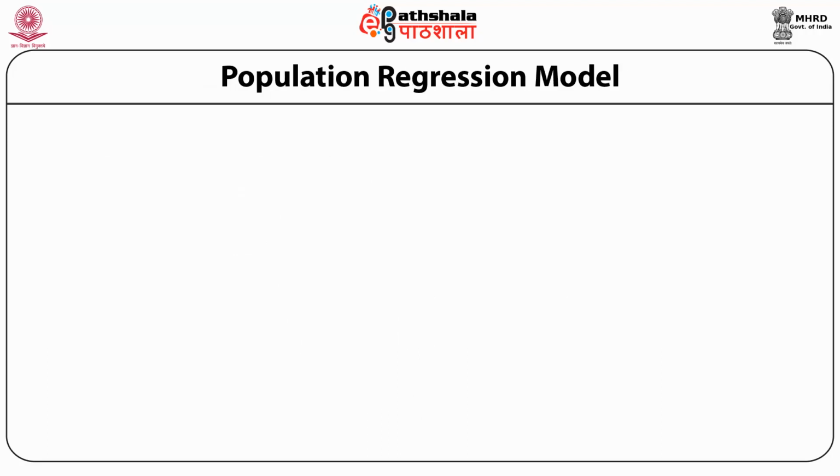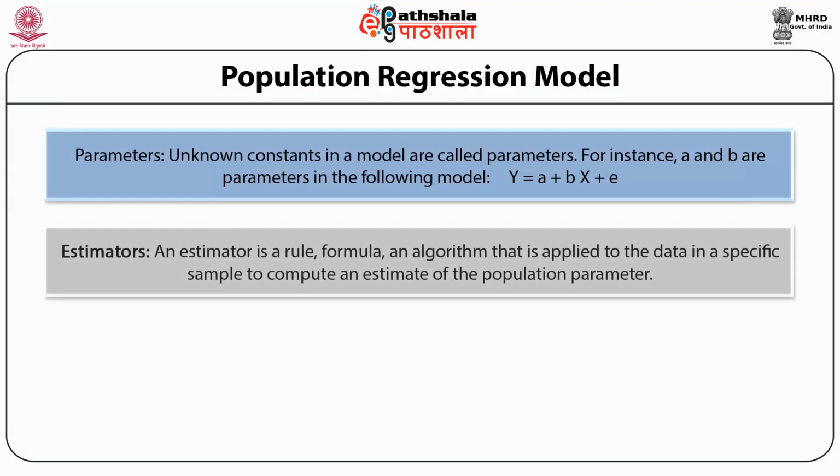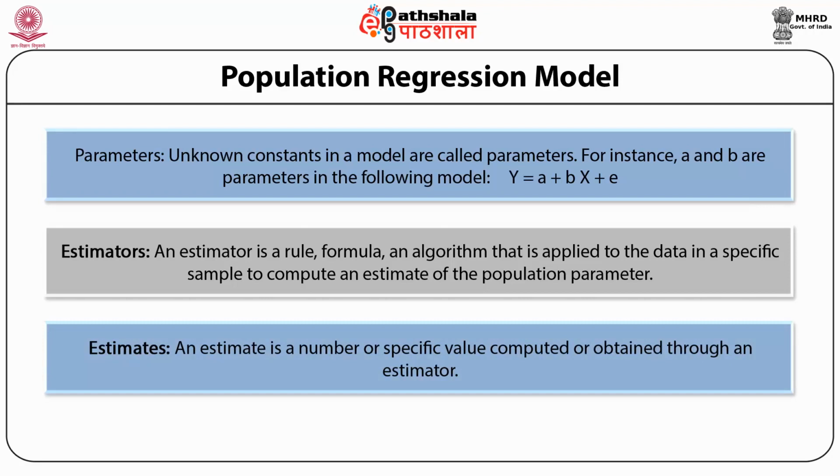So in this equation, the parameters alpha and beta are what we will calculate. The complete right hand side is the estimator, and the estimate is a number or a specific value that is computed using the estimator.